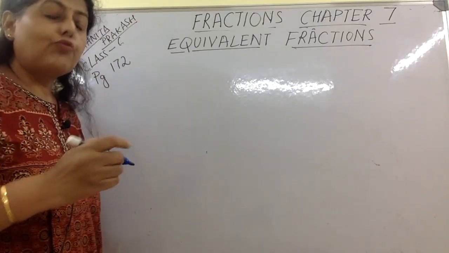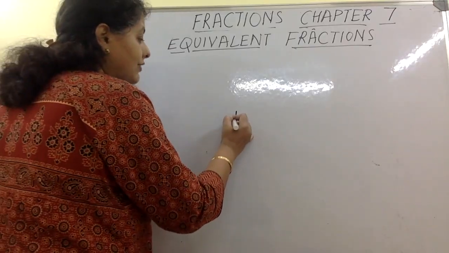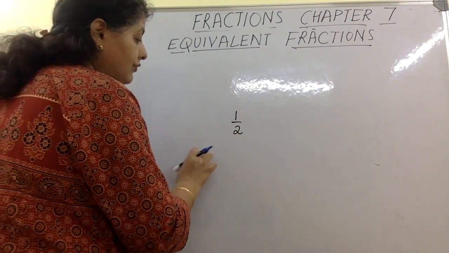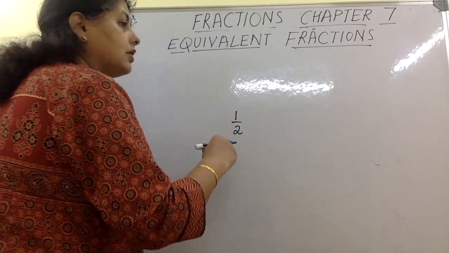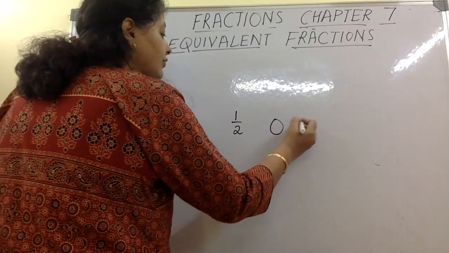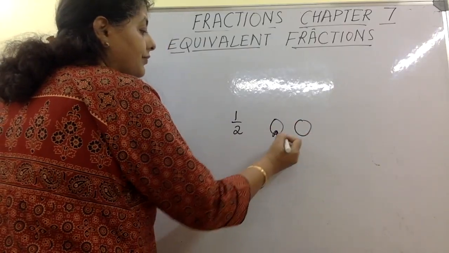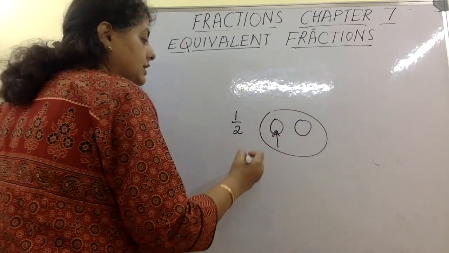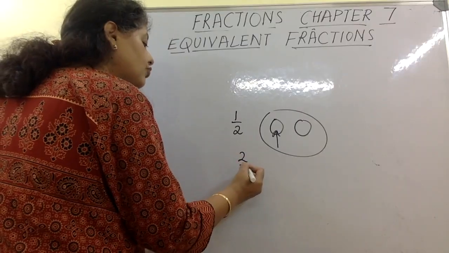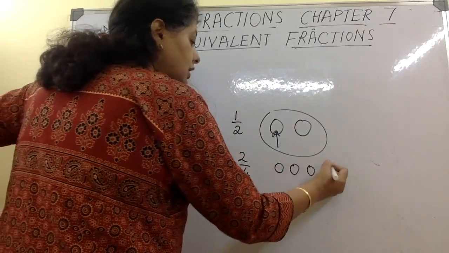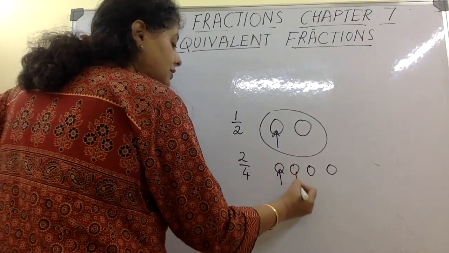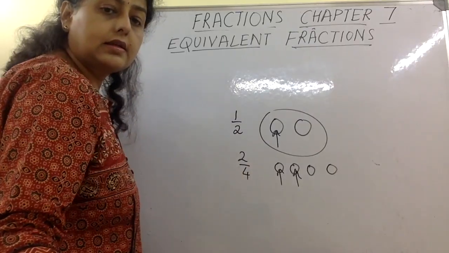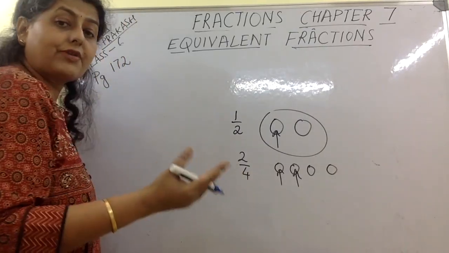Now here, what are equivalent fractions? Like if I have half, then out of, let's say, 2 apples or 2 fruits, I have taken 1. That is the meaning of half. But then if I have taken 2/4, out of 4 fruits I have eaten 2, then also isn't it the same fraction?